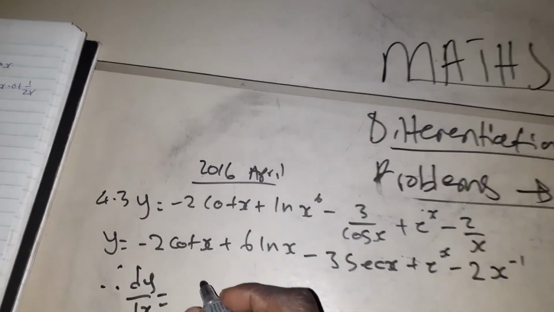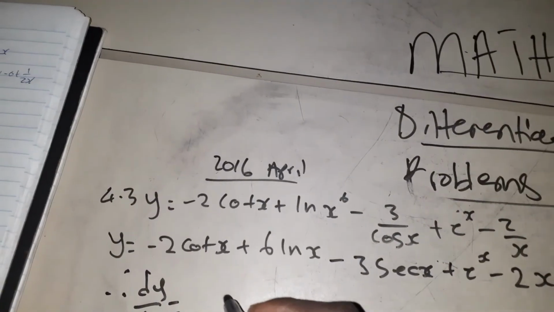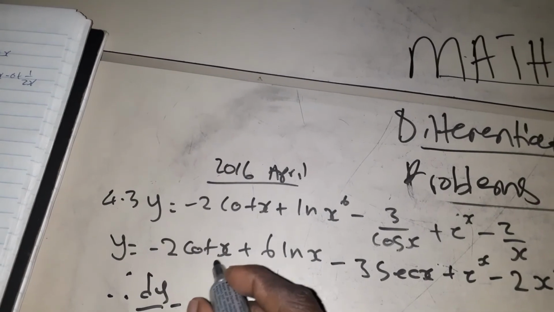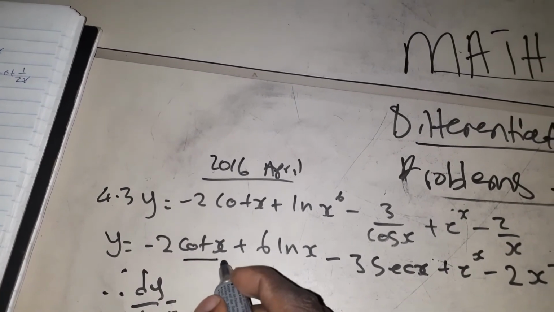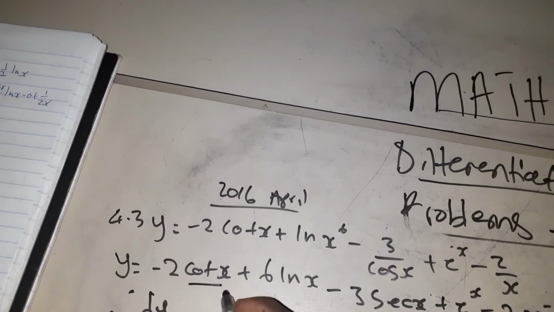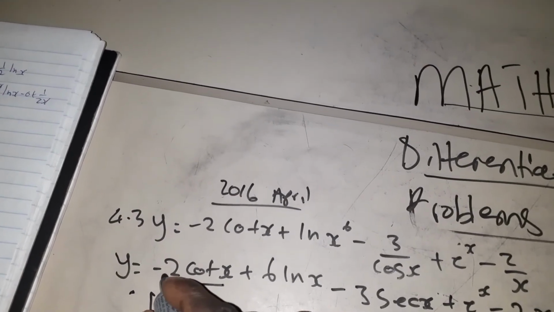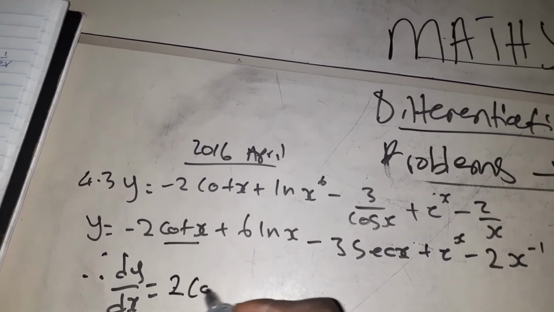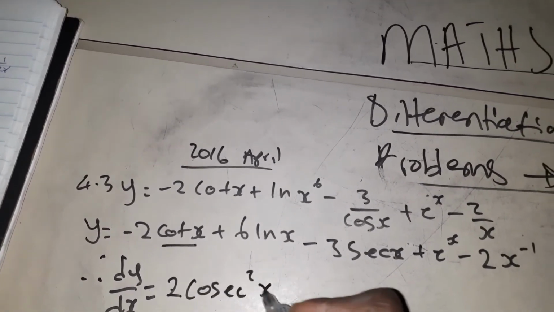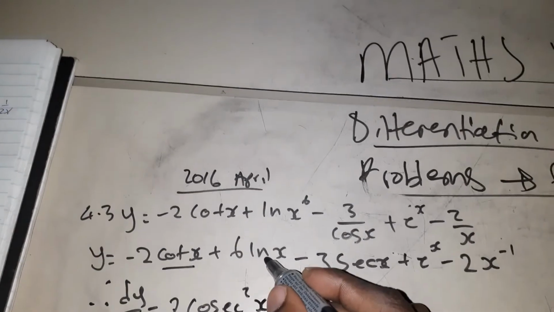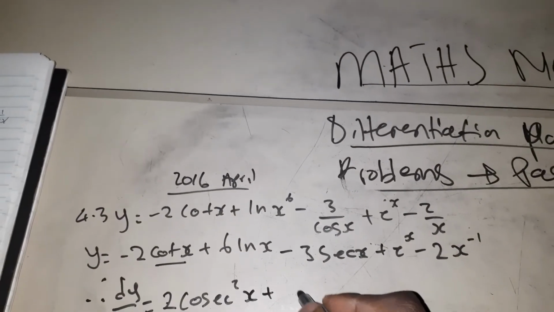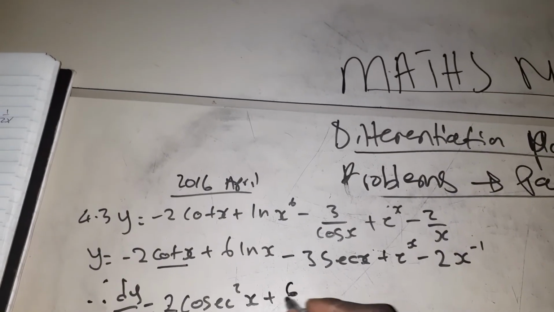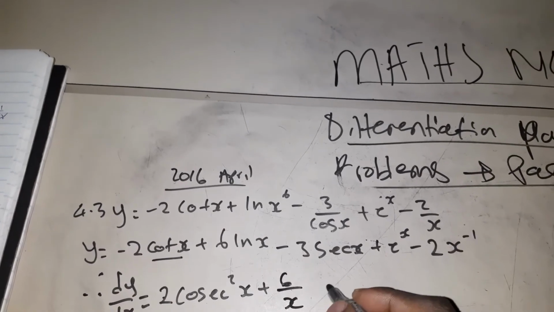So now we differentiate. The derivative of cot x only is negative cosec squared x. But because we have a negative here, they will multiply and we'll have a positive. So we'll have 2 cosec squared x. Then plus, remember what I said about this one? Just write 6 over x.